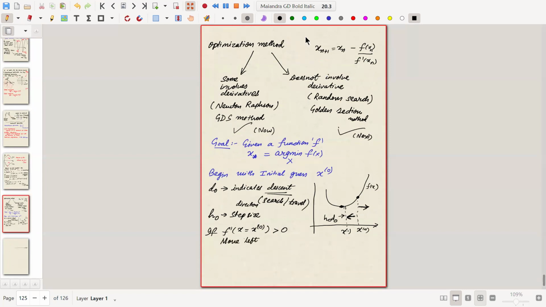What do I mean by move left? Apply your common sense. By moving left, I mean x of 1 is less than x of 0. Is it clear? Whatever basic common sense is there, we are just writing in terms of math. So sometimes you should not be afraid of these variables. It's all about common sense.